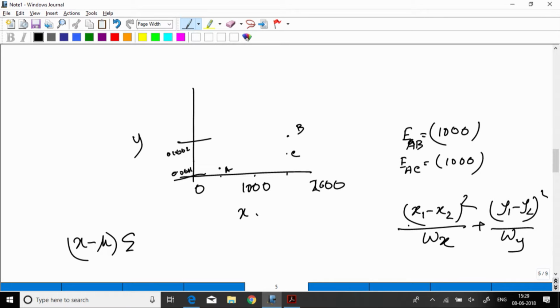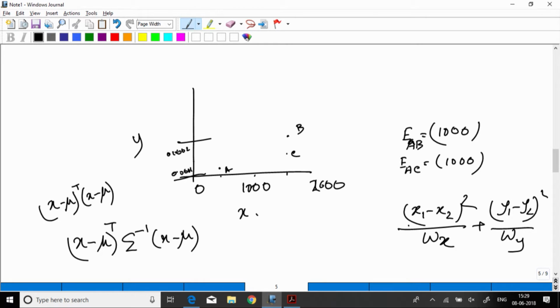x minus mu transpose times x minus mu is going to give you the Euclidean distance.